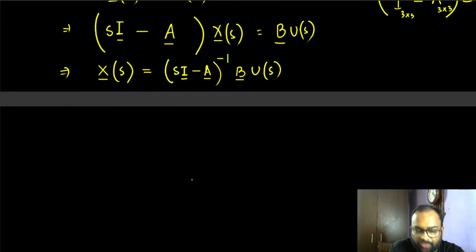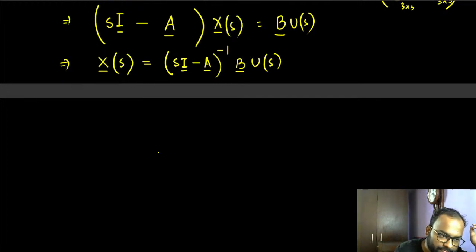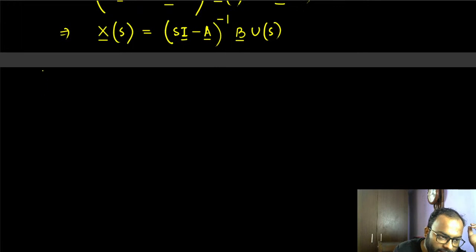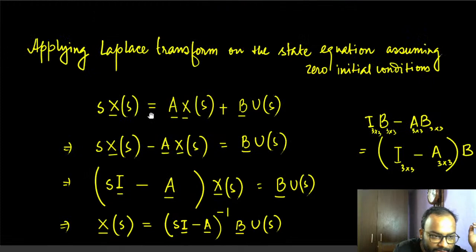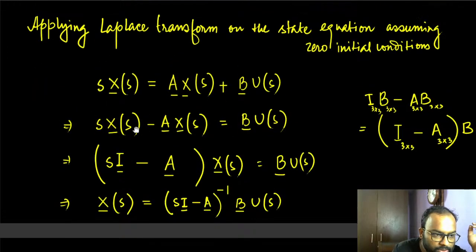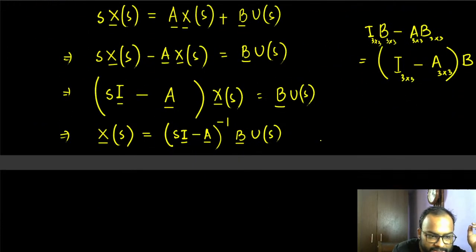So that equation is fine with us, and I'm going to explain the essence of this equation in a future class. All right, so that's fine, I hope. From this, we can now apply this in the output equation. Let's call this equation number 1.